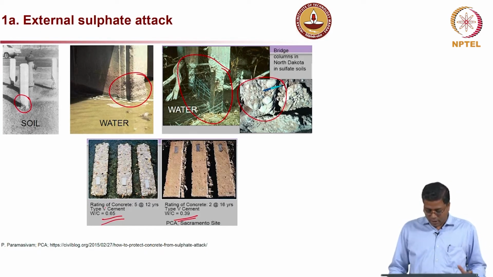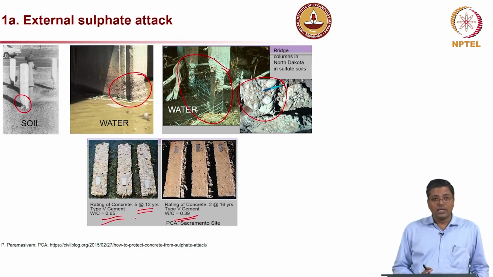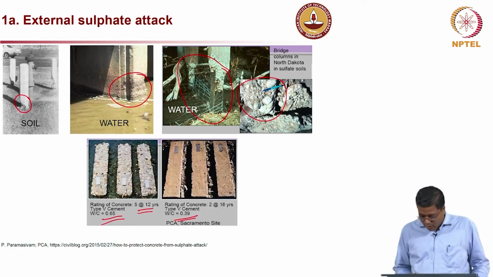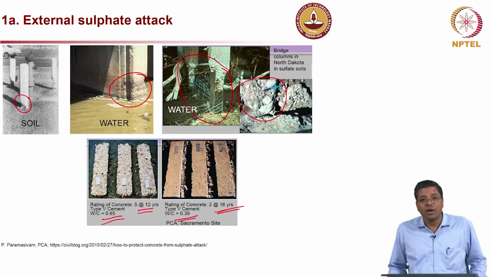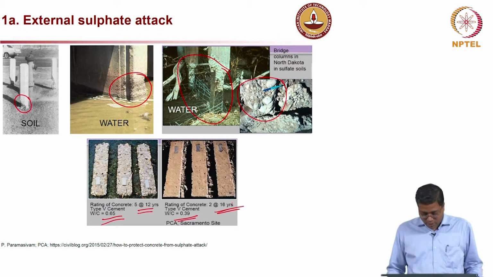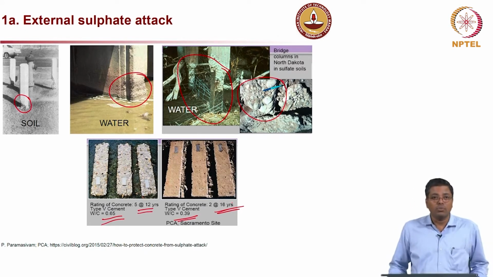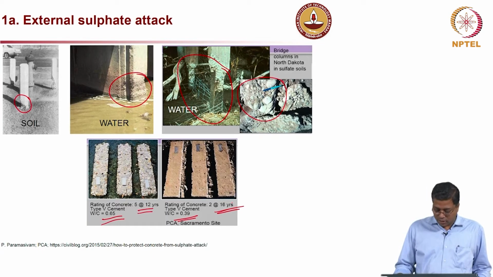On the left side that much degradation happened in 12 years, whereas on the right side only that much degradation happened, and in a longer time, which is 16 years. So, even after exposing the concrete for a longer period of time, when you have a lower water cement ratio, definitely the damage from sulphate attack is going to be less.